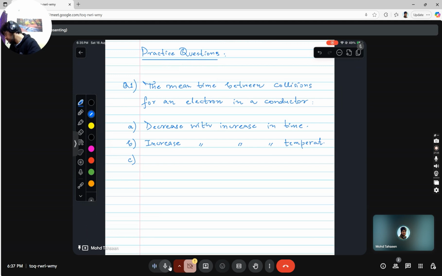Third, it decreases with increase in temperature, and the fourth option is it's a function of position. Which of these is the correct option? We can pause here for a moment if you want to think about it.